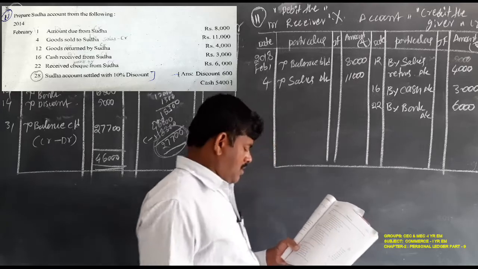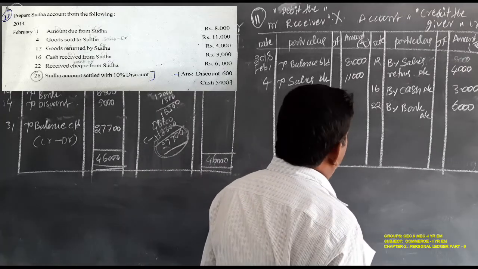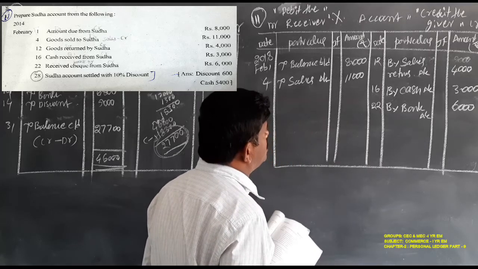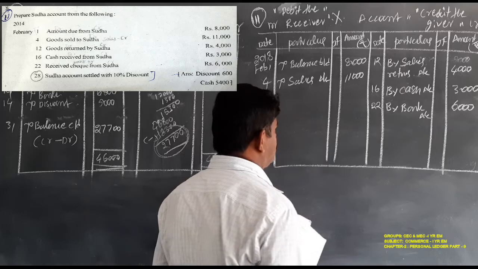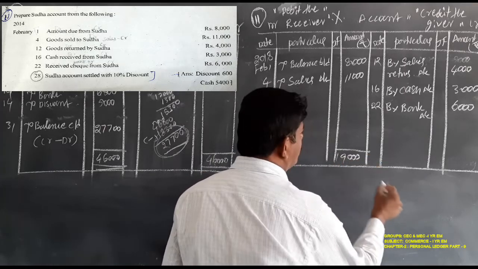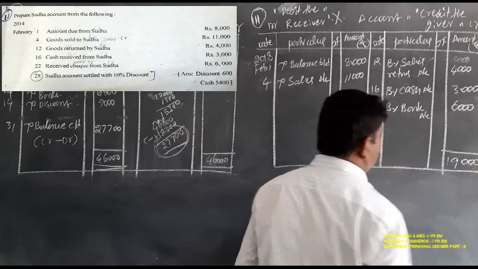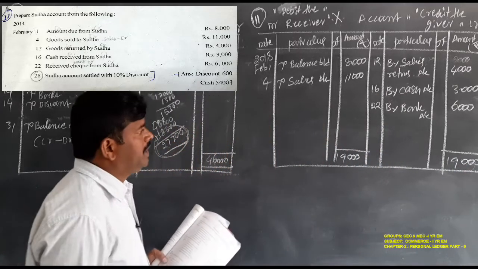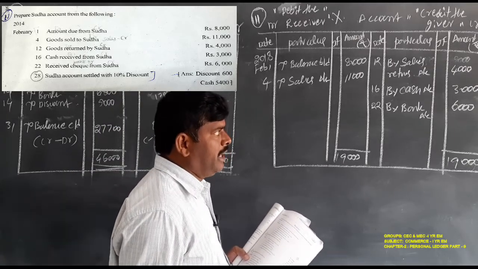First total them, 19,000. Next total them, 13,000. Same amount will be recorded on the debit side. So here first you have to find out the net balance.